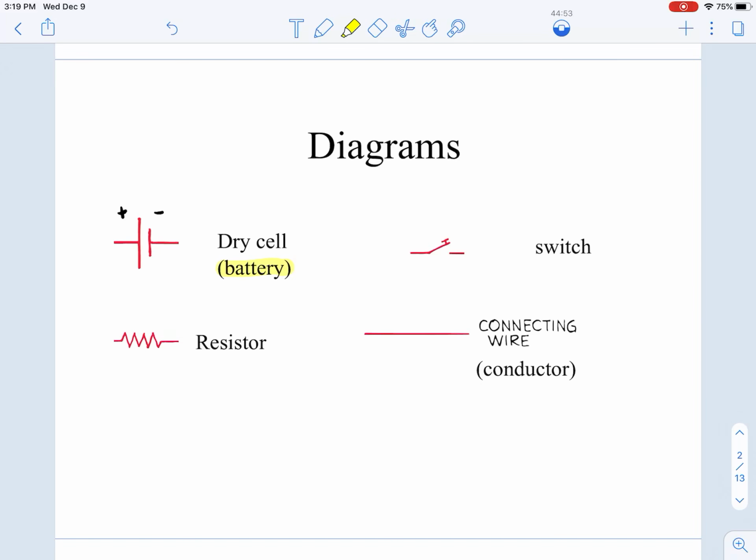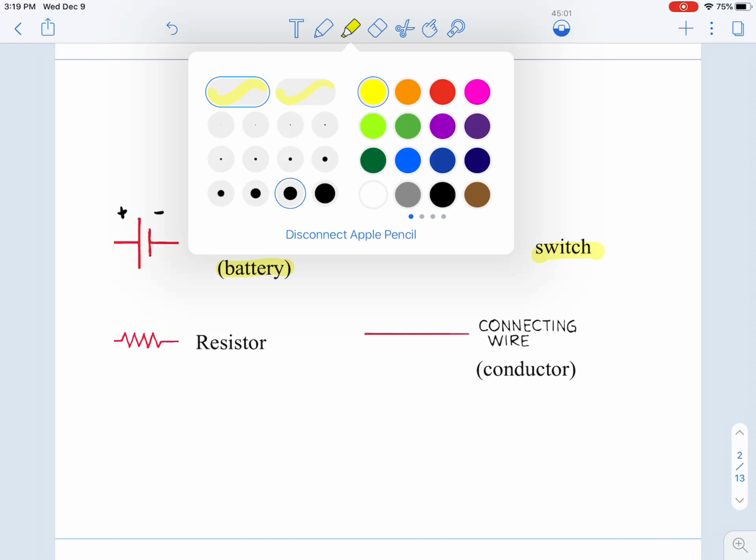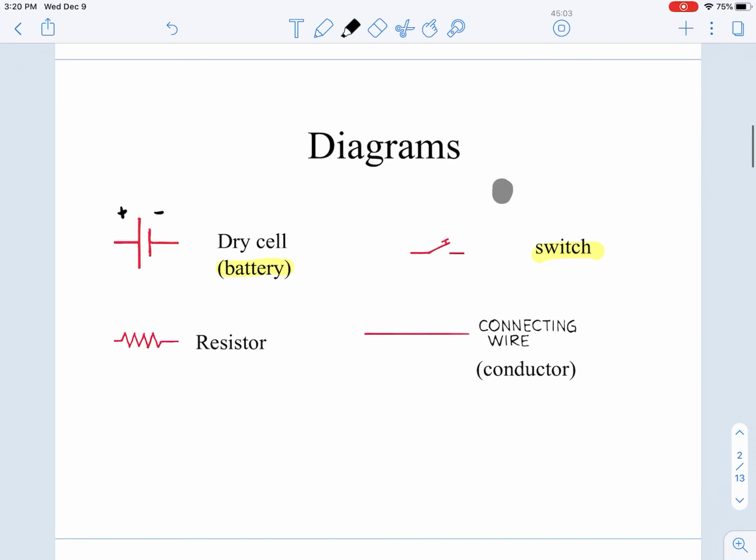Over here to the right, we have the symbol for our switch. And the switch right now is currently open. So whenever we have an open switch, that means that our circuit is incomplete.